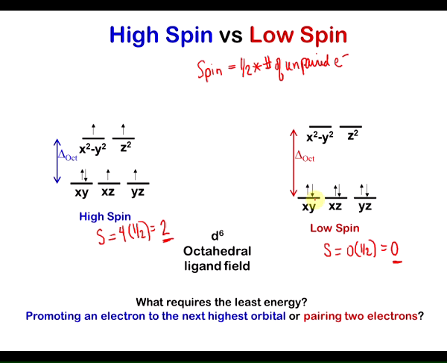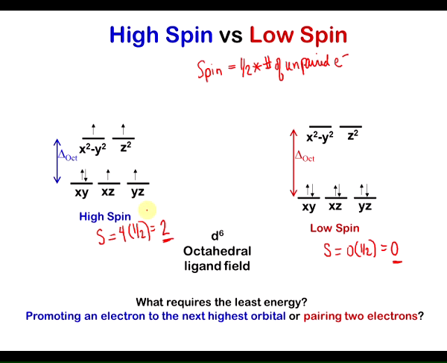But the energy it takes to pair those up is smaller than it would be to promote one of these electrons into one of the higher orbitals. So in low spin cases, the separation is very high, so it's easier to pair the electrons up. In a high spin case, the separation is small, so it's easier to promote an electron than it is to pair the 2 electrons.